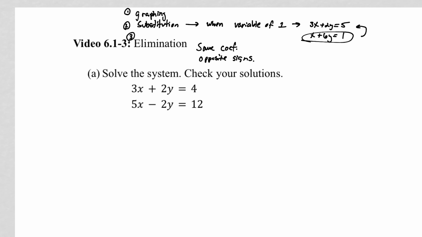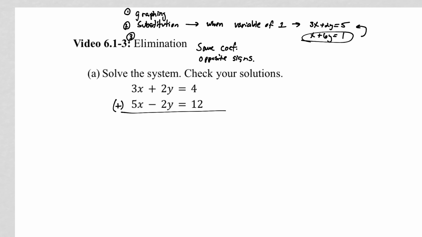Should I use elimination? Should I graph these? Well, notice that the y variables have the same coefficient but opposite signs. That is a dead giveaway that the easiest method for us to use in this case is going to be elimination. So to use elimination, we are going to add the two equations together.